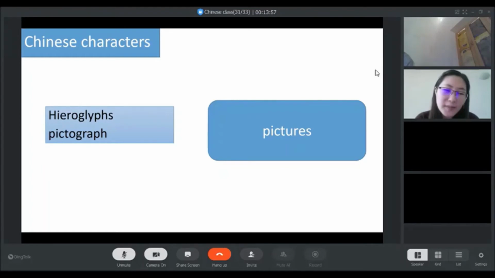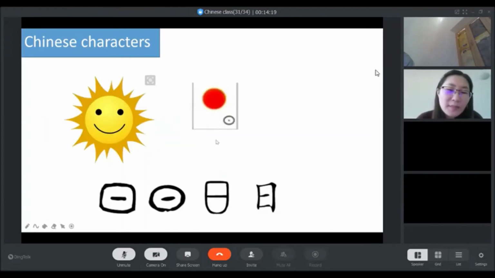So they always say the Chinese language is pictograph. We say the words come from pictures. For example, look at this one.